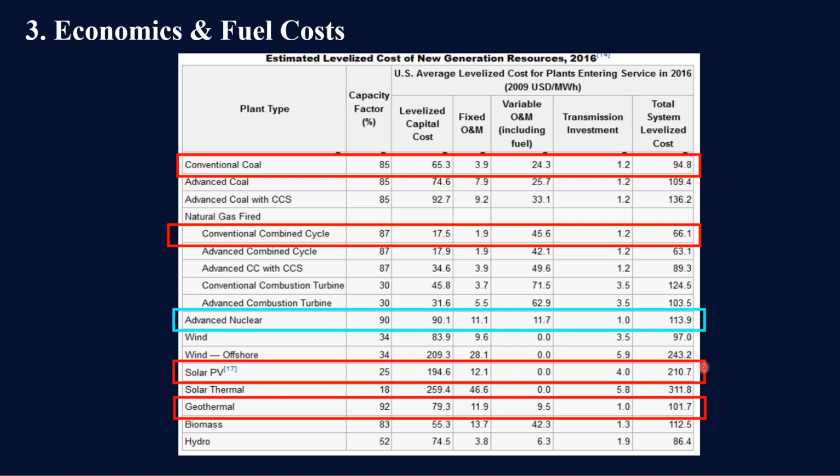But compare it with just your solar, your solar power plant is actually more expensive than your nuclear power plant.